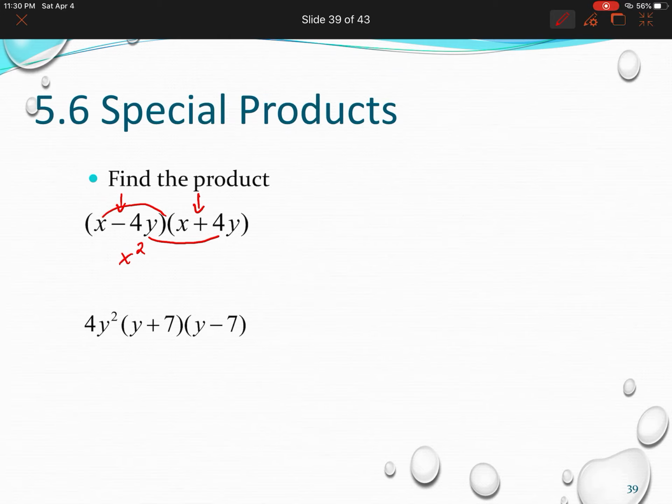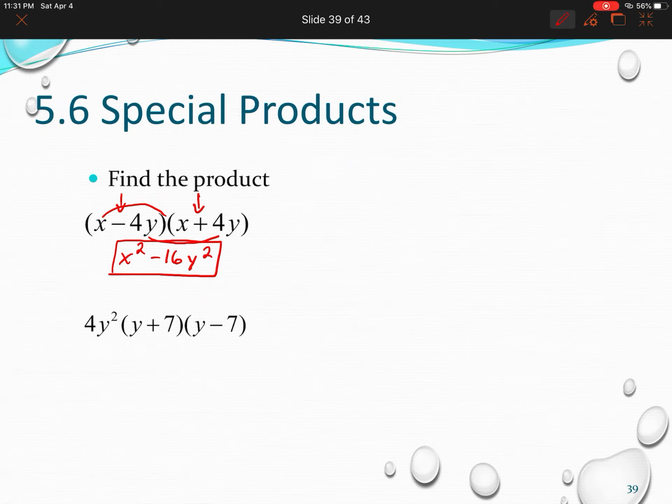Negative 4y times positive 4y is negative 16y squared. And again, there's our answer. If you had multiplied the outer and inner terms, you would see you had negative 4xy and a positive 4xy, and again, they would cancel out. So, again, pretty easy shortcut. Hopefully it's not a huge problem for you as we go through this.